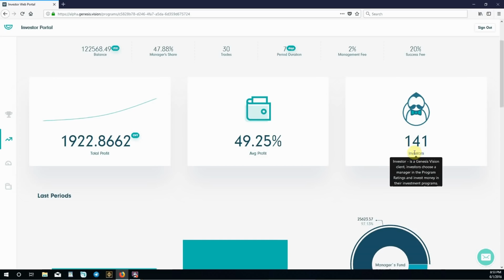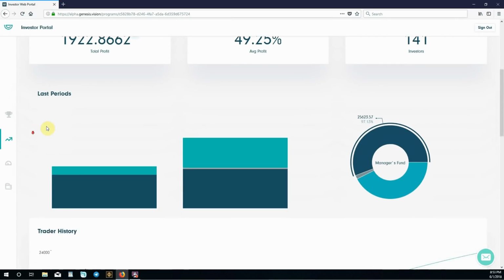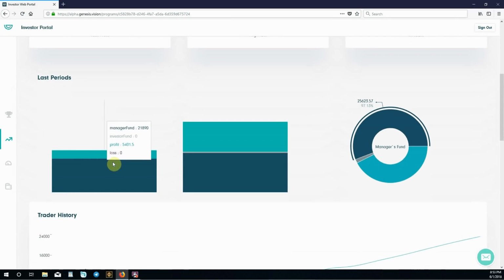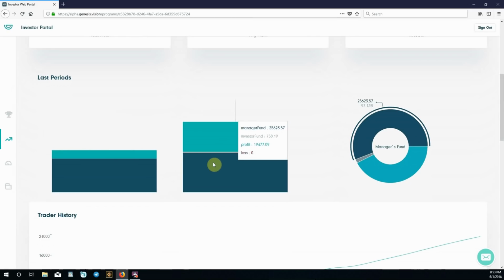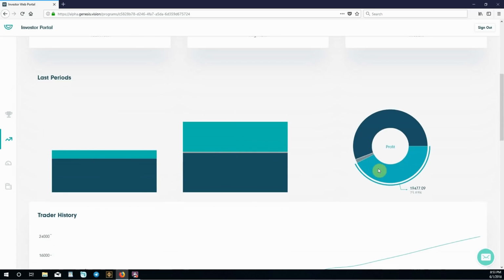Investors, same as last, 141 investors in this program. For the last periods, this is a visual representation of the different periods as they closed out and the amount of what is a manager's fund, how much they profited, how much is an investor's fund here in this period, what is the manager's, how much they profited, as well as here this is a pie chart that shows another visual representation of the same numbers.